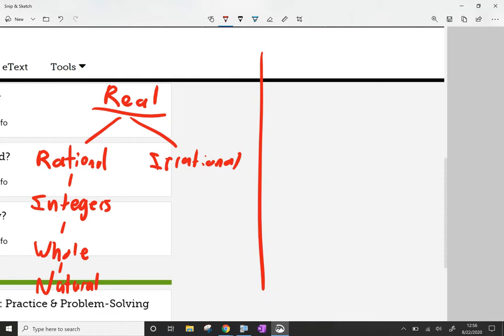So hopefully you already have this in your notes. So you're going to be given a number. Let's start with the number 5. And then you need to ask, which of these categories does it belong to? 5 is a natural number. We'll start from the bottom. It's natural because remember, natural numbers were all the numbers you'd count with. So 1, 2, 3, 4, 5, 6, 7, 8, right?